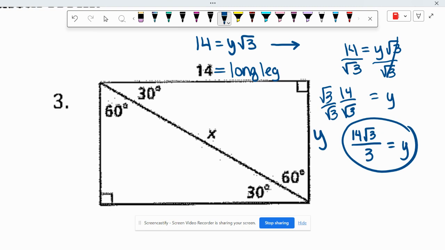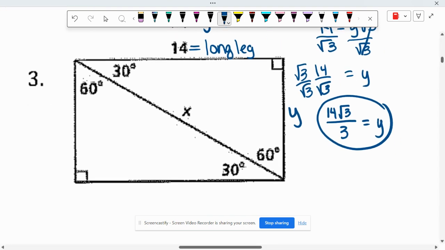Okay. What do I know about the hypotenuse, x, in this triangle? The hypotenuse is x, compared to the short leg. The hypotenuse, x, equals what times the short leg? Look at your rule. The hypotenuse equals what times the short leg? 2 times the short leg. 14 root 3 over 3.